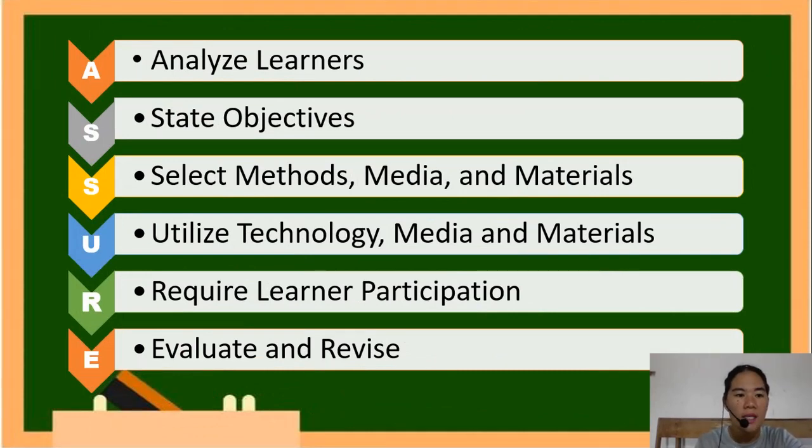The second S is Select Methods, Media, and Materials. U is to Utilize technology, media, and materials. R is to Require learner participation. And the last, E, stands for Evaluate and Revise, that is for evaluation and, if needed, to revise.